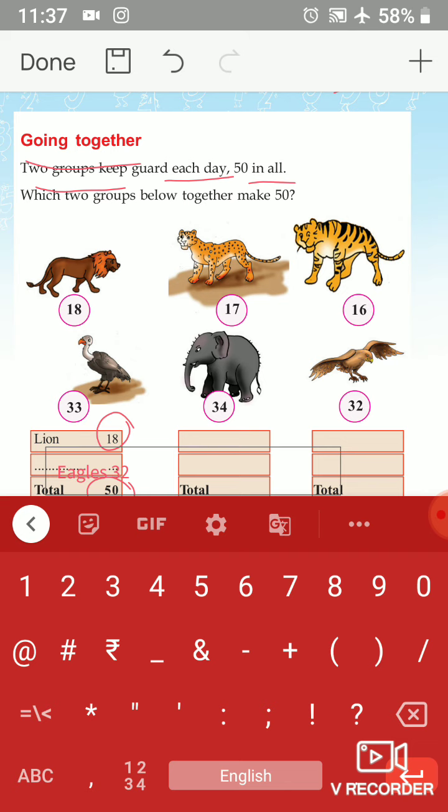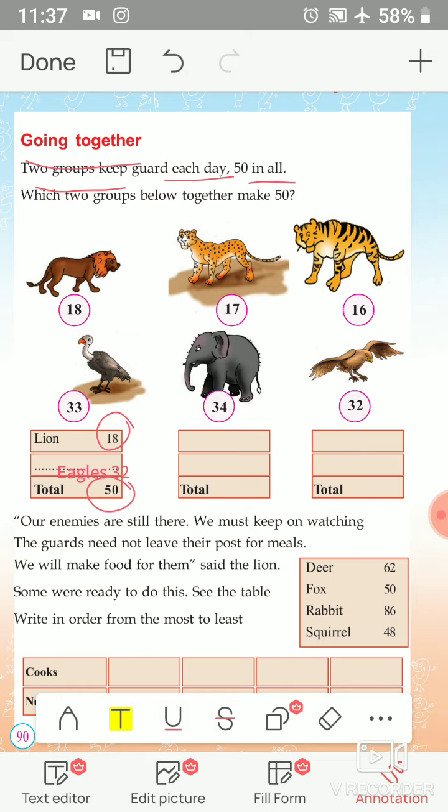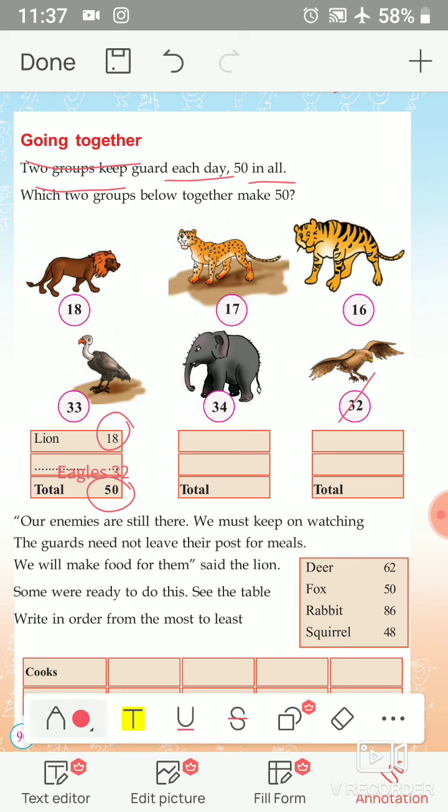Okay, then we can cross this bird, also this animal. Next we can make this second group to make a total of 50. And which animals can we take? Next, tiger.